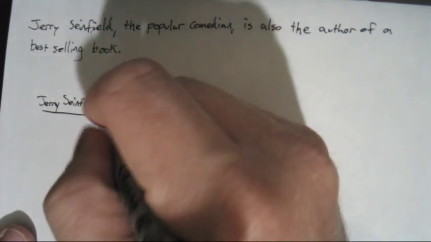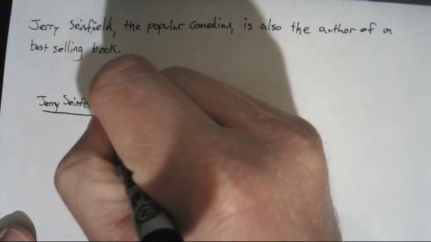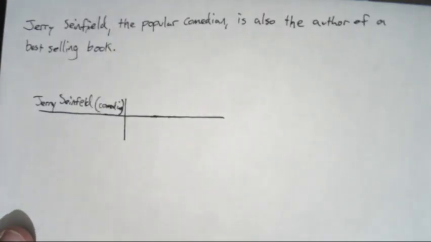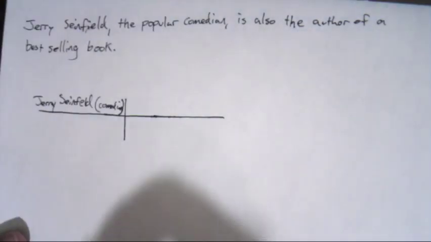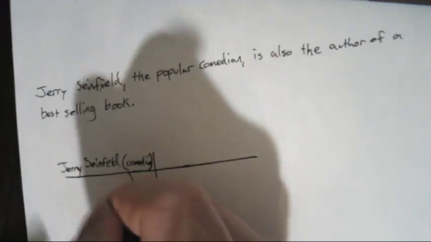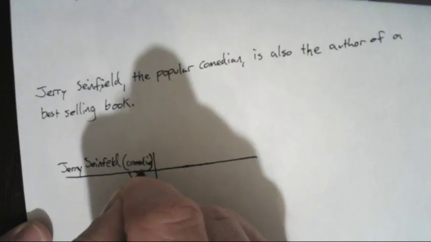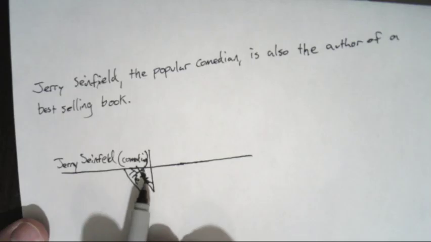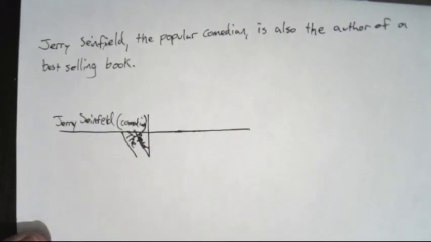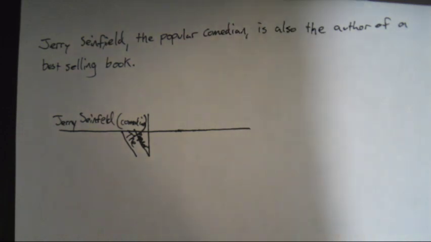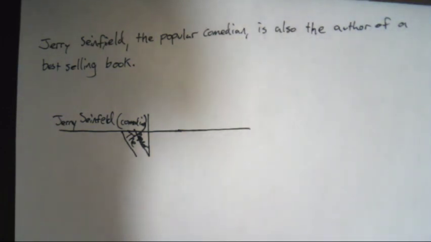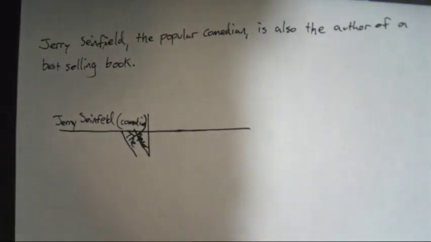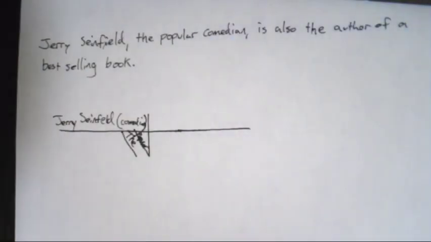That's the appositive within the phrase. All right. Comedian goes here. Now what do we do with those modifiers? I bet you can guess. The popular modifying comedian. Just like if we're diagramming any other modifiers, right? It always connects to the word it's modifying, diagonal line underneath. Easy peasy.